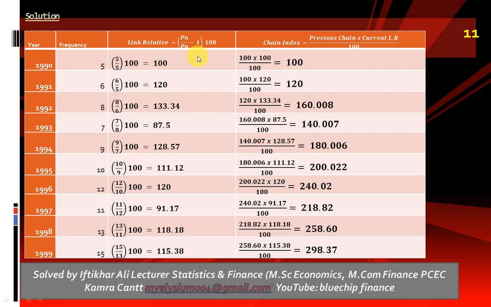We calculate the chain index in a simple index with the help of two steps. First of all, we will calculate the link relative. What is the formula for the link relative? Simply Pn divided by Pn minus 1 multiplied by 100.